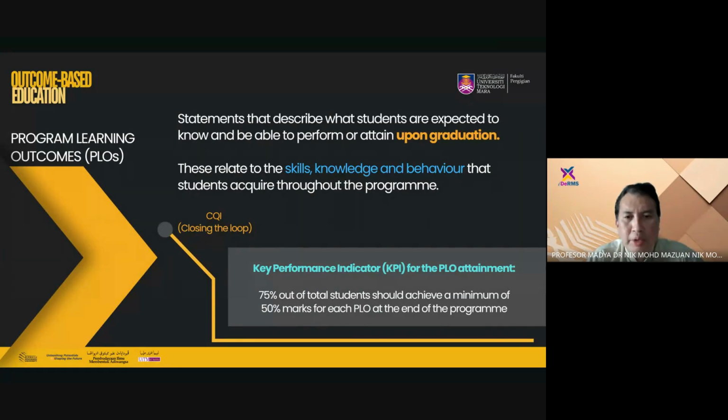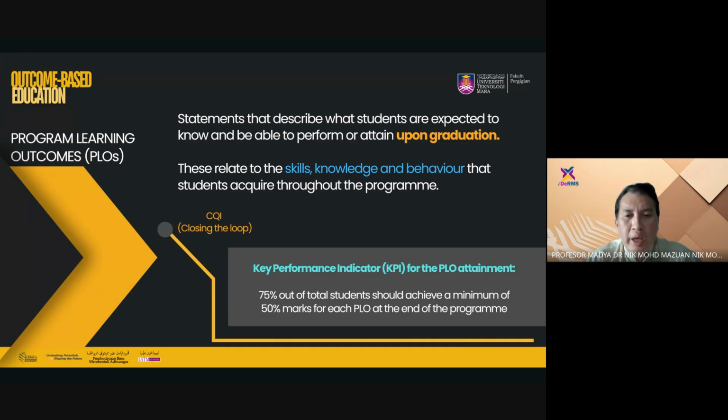For example, for the CQI, if you can remember, the last step of the OBE is closing the loop, whereby we measure whether our course is successful or not, by having data that our students have achieved.